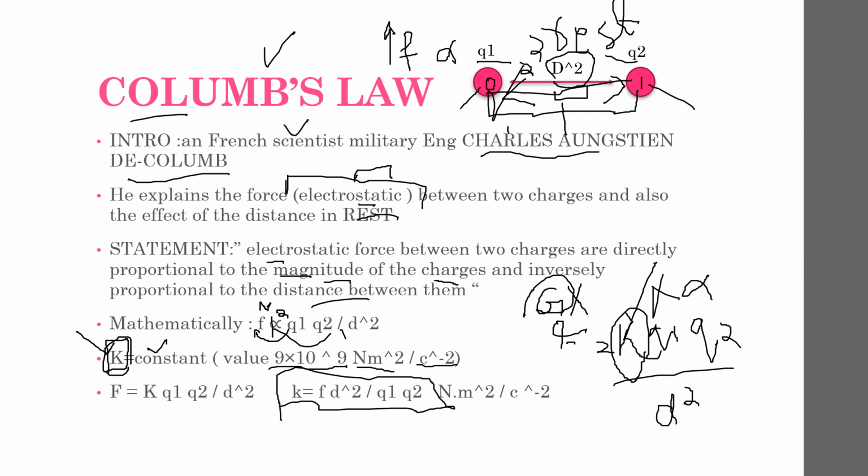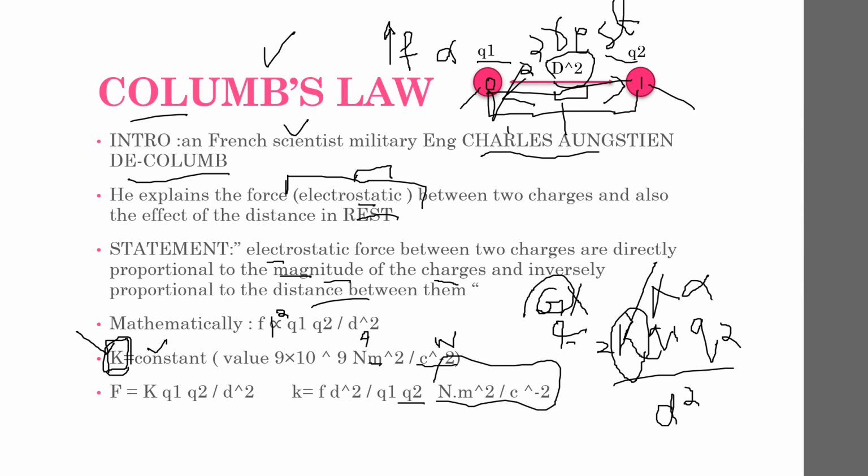We know that d square is multiplying on one side, so when it goes to the other side it divides, and the other way around. So K is F multiplied by d square divided by Q1 Q2. Here there is a square of the Q because of the two values. Newton is the unit of force, meter is for distance, and this is how we get the unit of the constant in Coulomb's law.